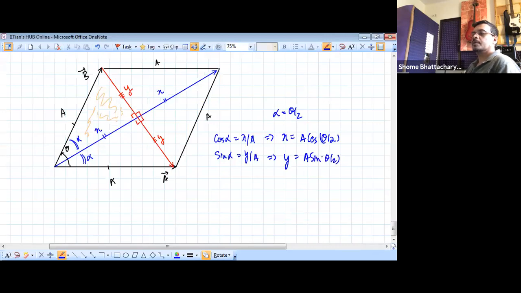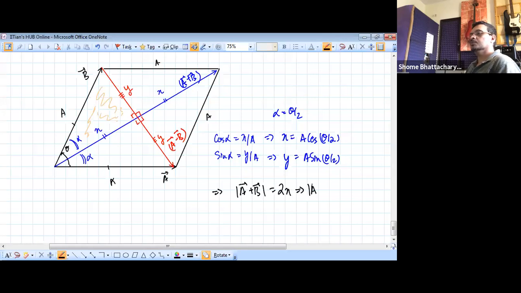And 2x, the sum of these two, is nothing but the magnitude of this diagonal. And 2y similarly, the sum of these two halves is nothing but the magnitude of the other diagonal, which is mod A minus B. From here, it becomes very obvious that mod of A plus B in this diagram should be equal to 2x.